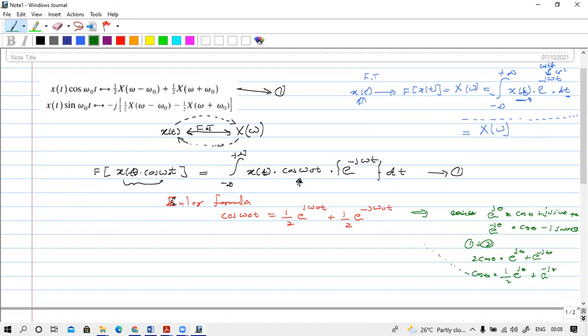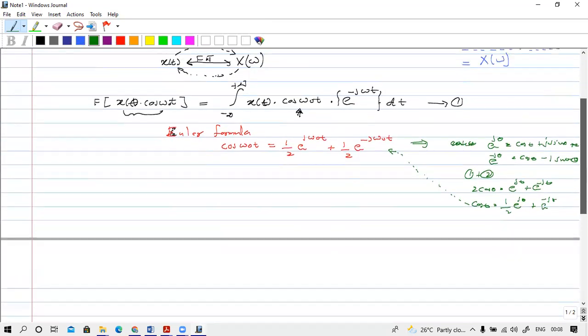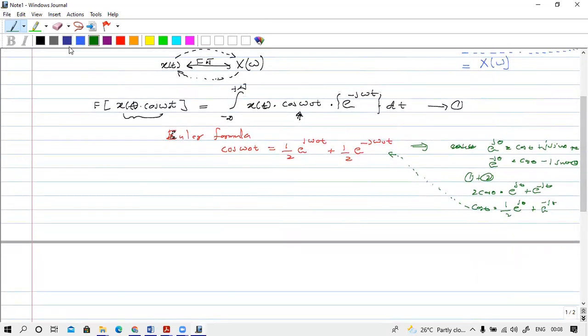I will apply this identity directly here. So you will get these terms. If I write this integration again, I can write it like this, minus infinity to plus infinity, x(t) is there. Now instead of this cos omega naught t, I can substitute the exponential terms.